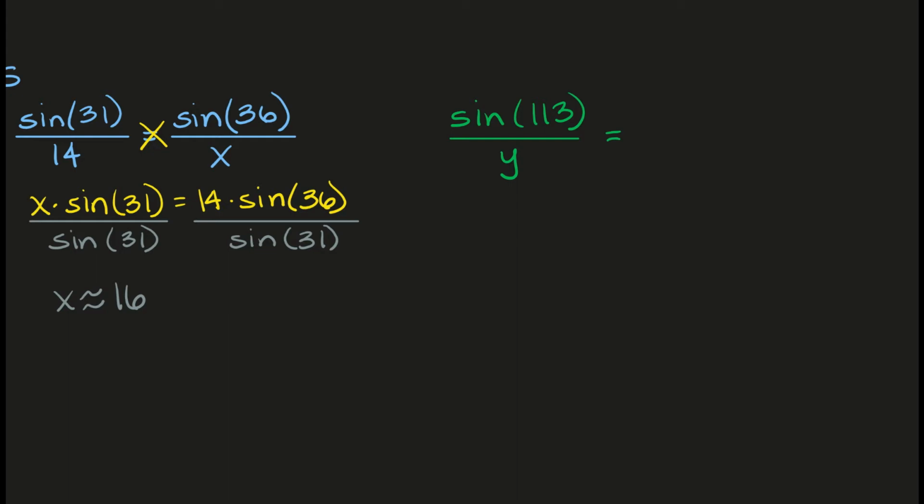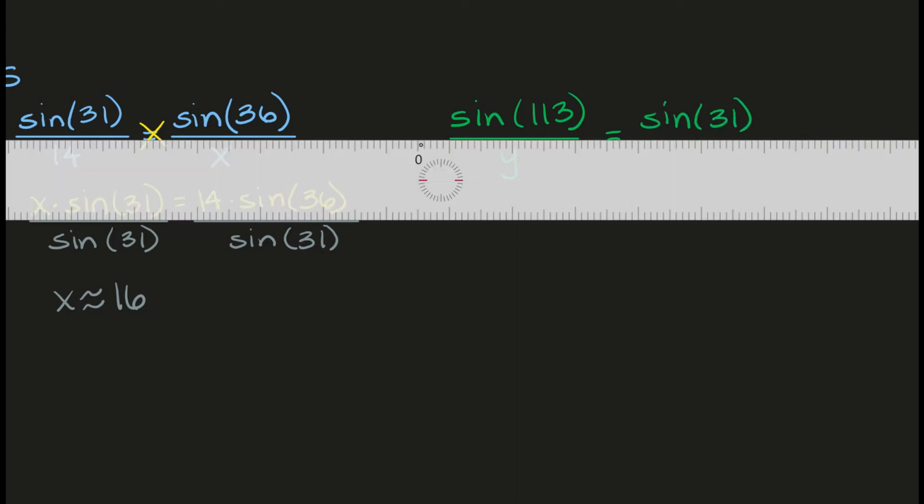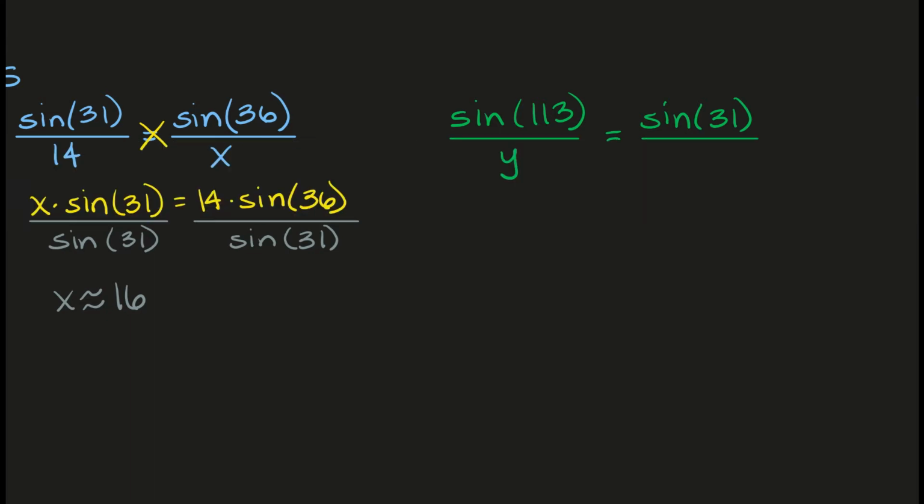So I'll use that again. So sine 31 over 14. So here I can cross multiply. So I have y times sine of 31 equals 14 times sine of 113.